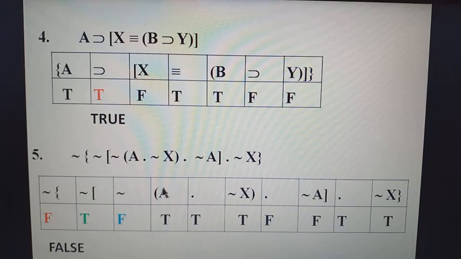This is now the value for this parenthesis. But like I said, this parenthesis has been negated. Everything in this parenthesis has been negated. Since this parenthesis has been negated, and here we combine A and negation X to get true, it will be negated. It becomes false.